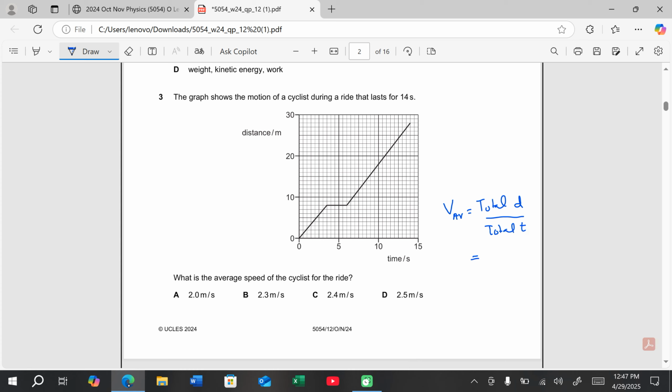Since this is a distance-time graph, from here we're going to see how much total distance is covered. This is 25, this is 26, 27 and 28. So our total distance is 28 meters, and the time it's taking is 15.